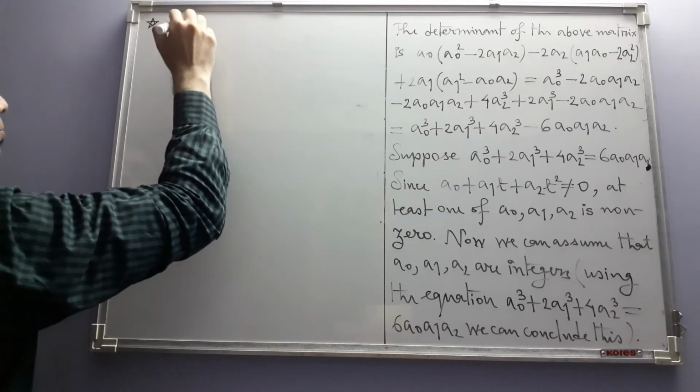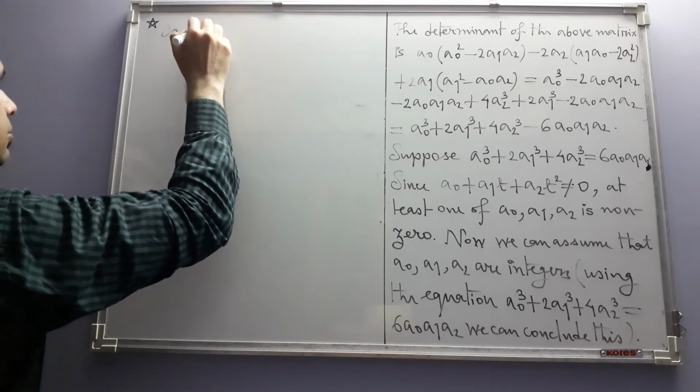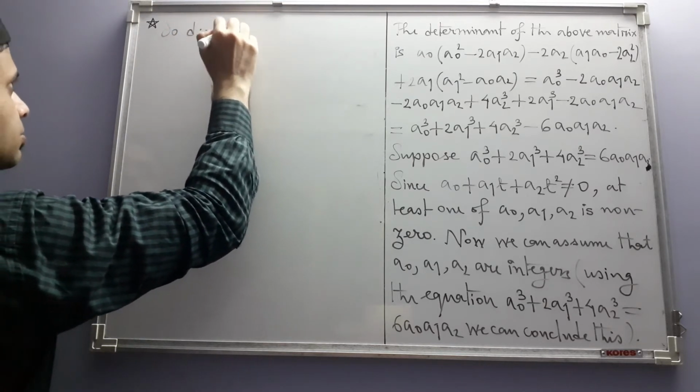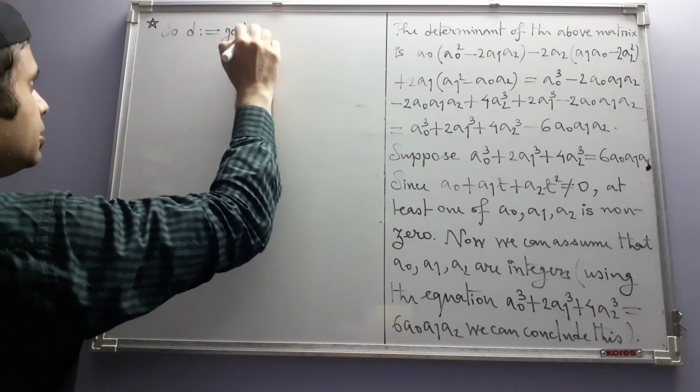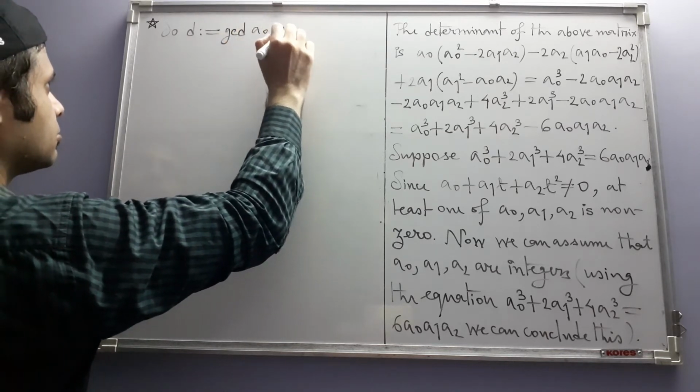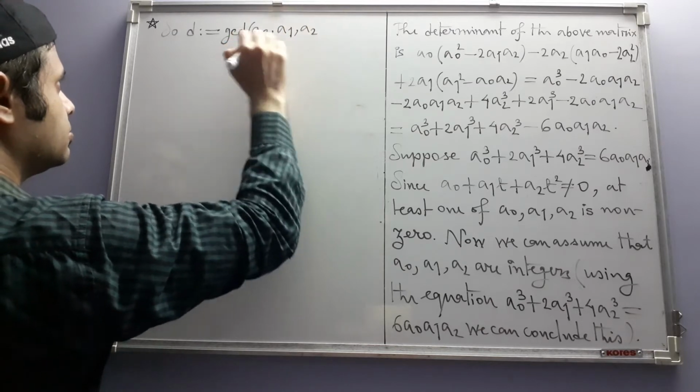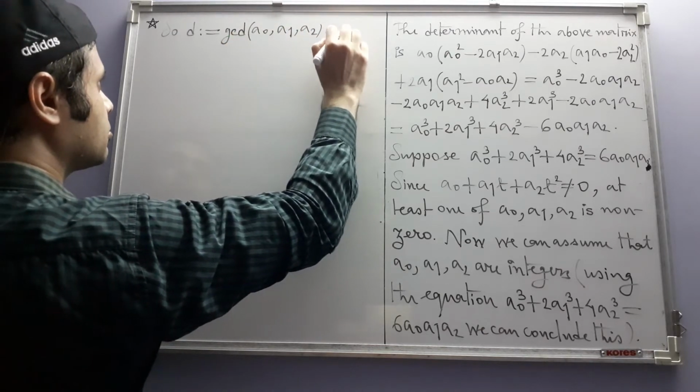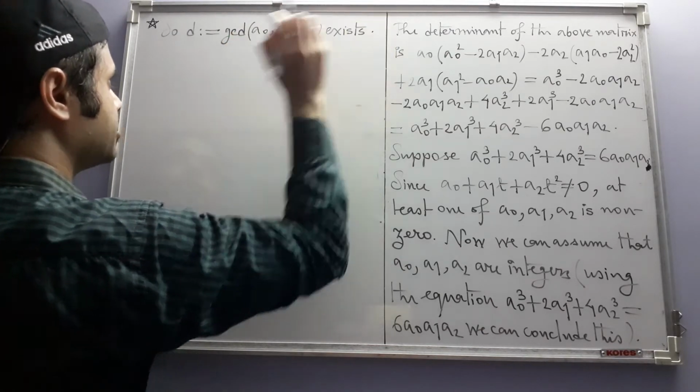So d, which is the GCD of a0, a1 and a2, exists.